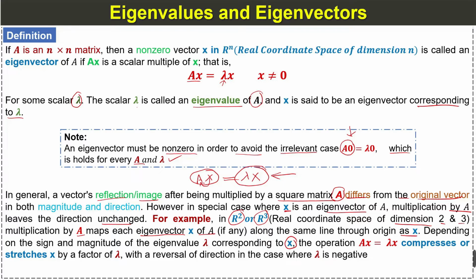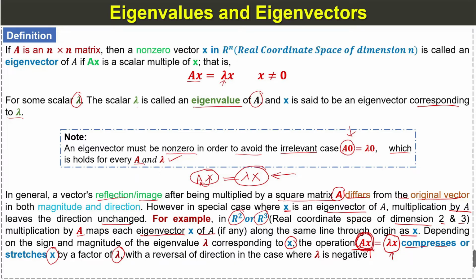Here we have the operation, that is the product of matrix A with the vector x, which is equal to some scalar times the vector x. What happens when we multiply the matrix A with x? It compresses or stretches the vector x by a factor of lambda.